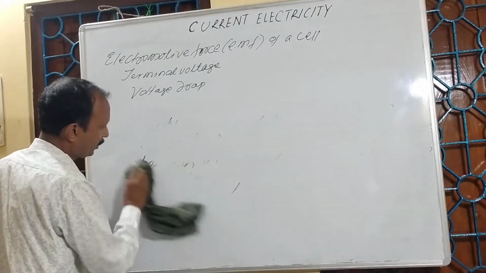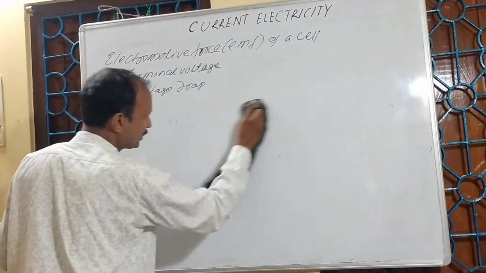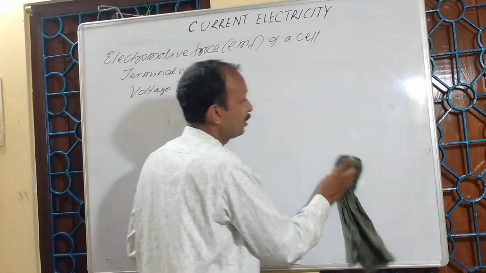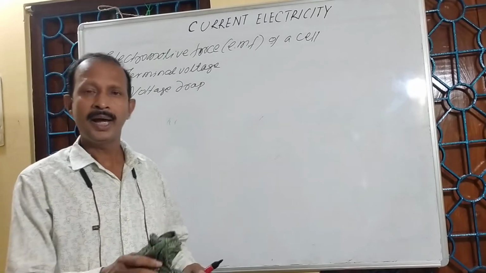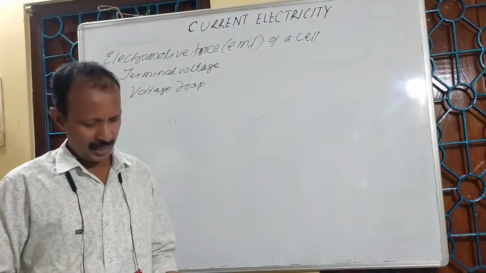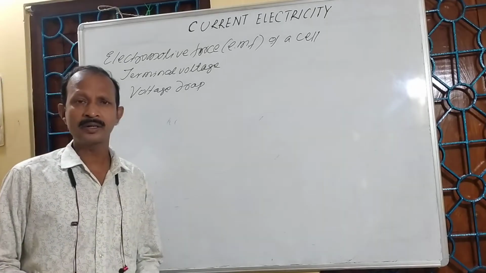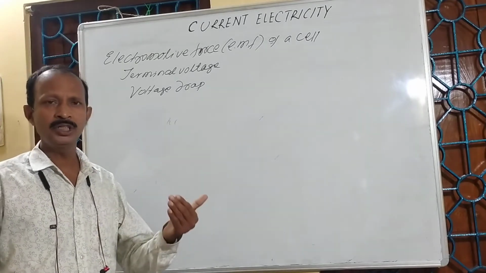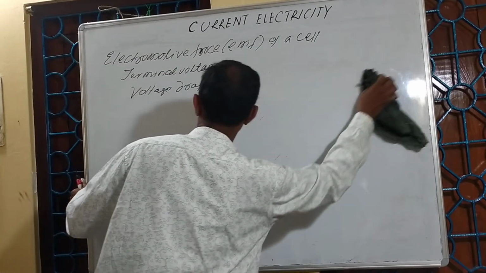In the circuit, the chemical energy is converted into electrical energy. As a result, the electric bulb glows. So, I can say that the amount of work done or the amount of energy spent to carry a unit positive charge.